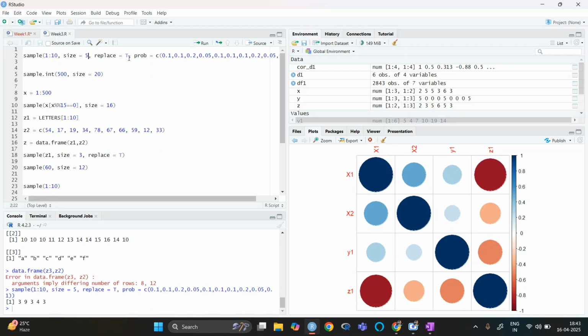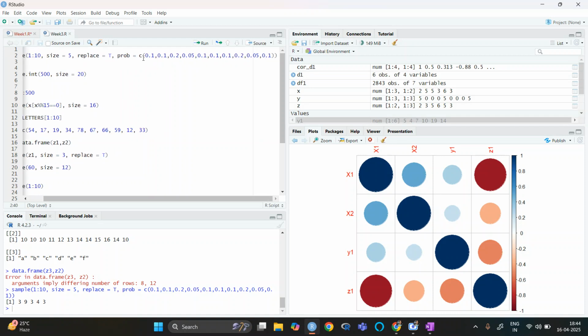Replace is true, so you can replace the sample. And the probability is depending on you whether you want to give it or not. If you do not want to give the probability, then the chances of any of them getting picked are the same. But if I give the probability, the chances of getting picked change.